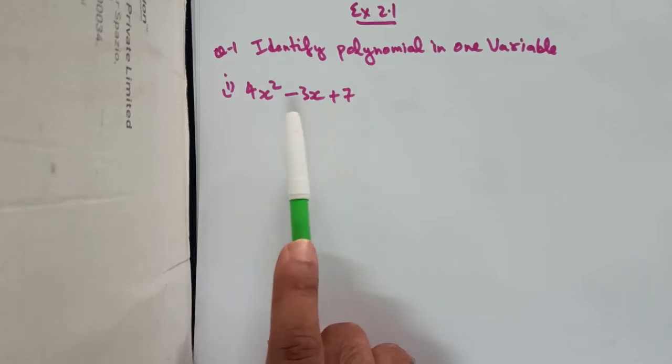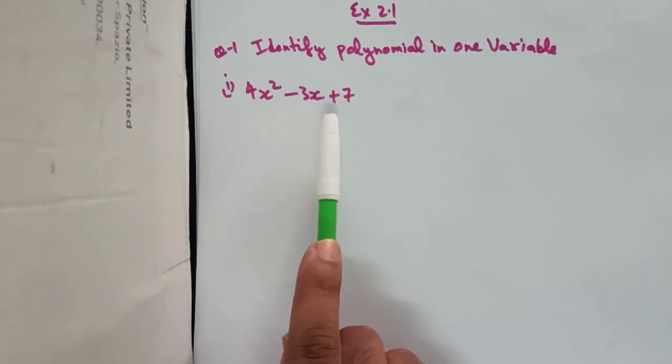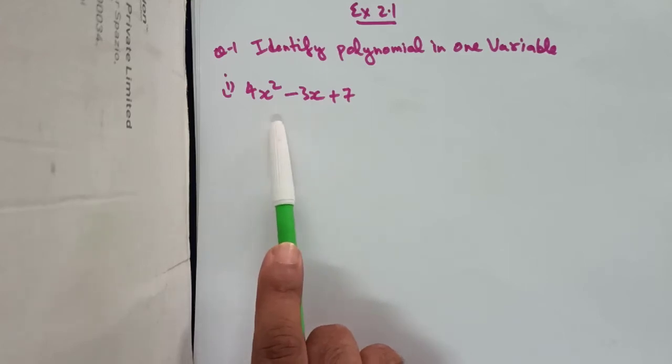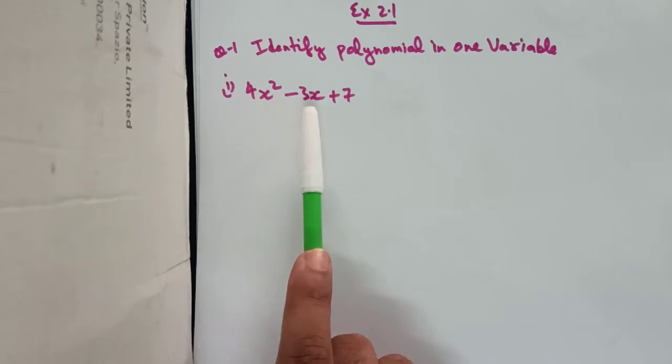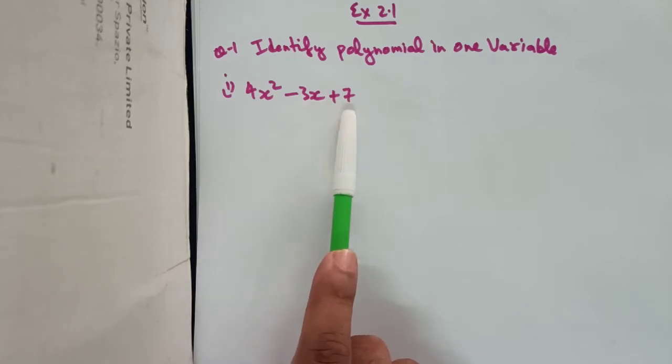So we say that all the terms have only one variable. The power of the variable in the first term is 2, which is a whole number. The power of the variable in the second term is also a whole number, and in the third term as well.